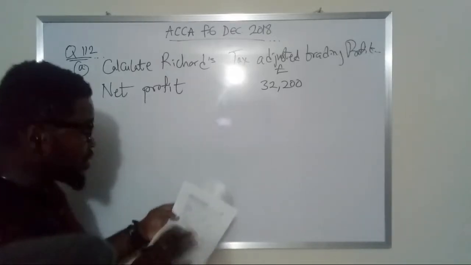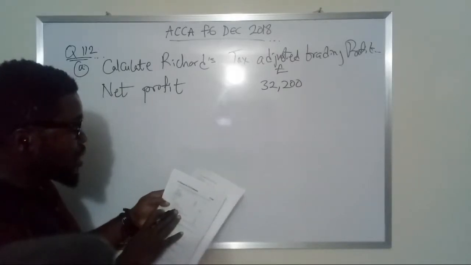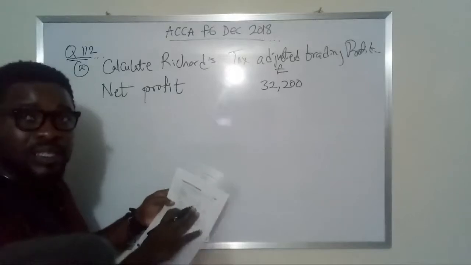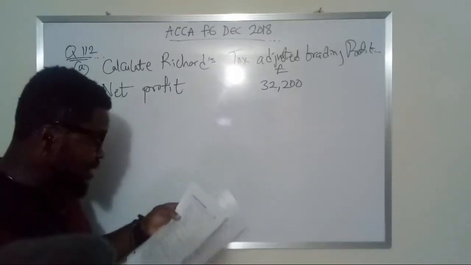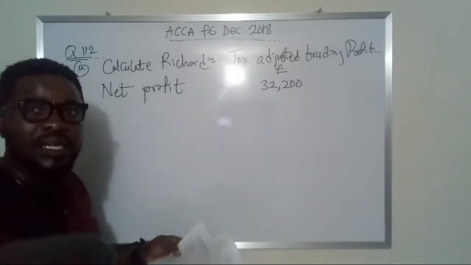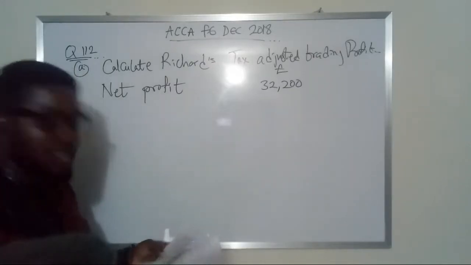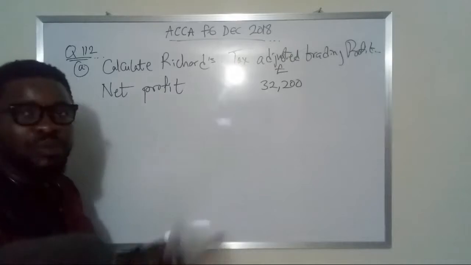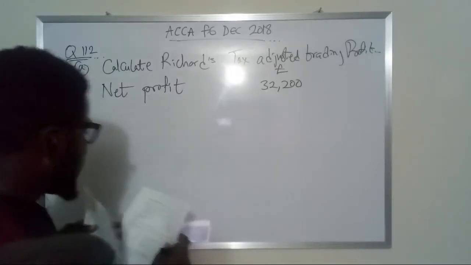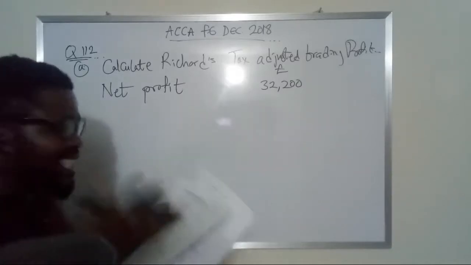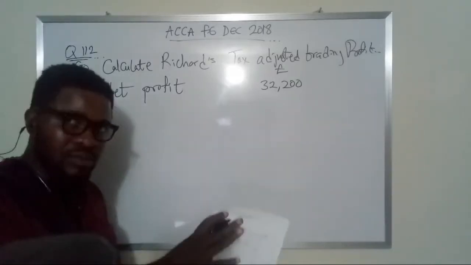Whenever you see something like this, and they are talking about self-employment, Richard is using 70% for private journey, means that that will be calculated into the cost of it. But for the chef, there's no private use for it.